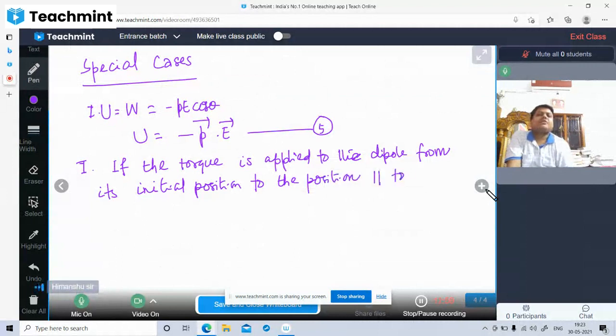Parallel to the electric field. That means here is the figure.